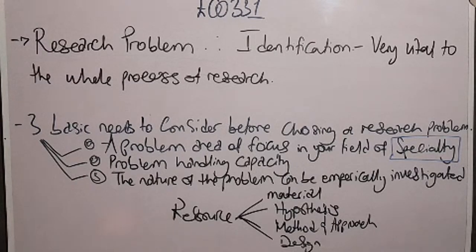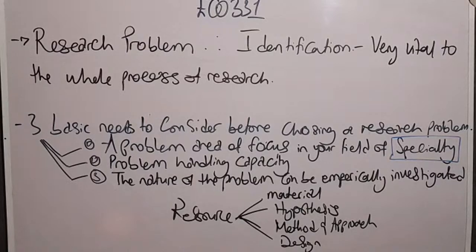Even rubbing minds with your colleagues in the same profession will enable you to discover areas where there are problems that require solution. Your experience will determine how well you can identify a problem that requires solution. Experience goes a long way.